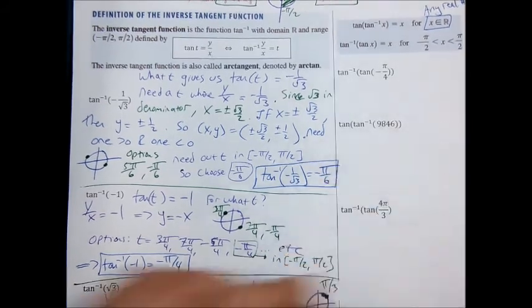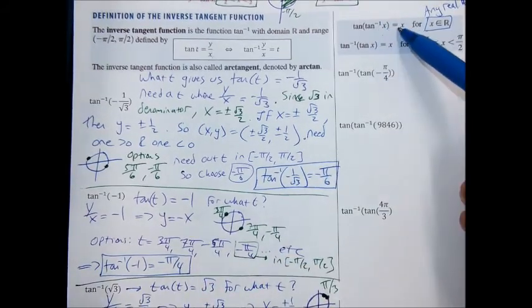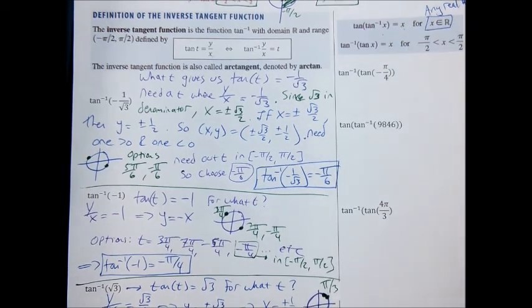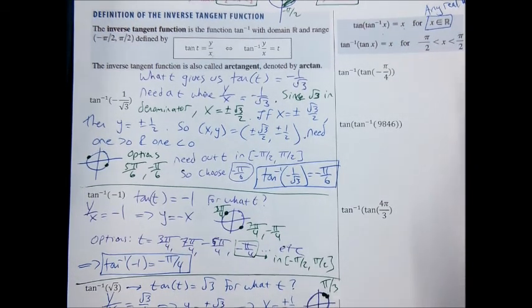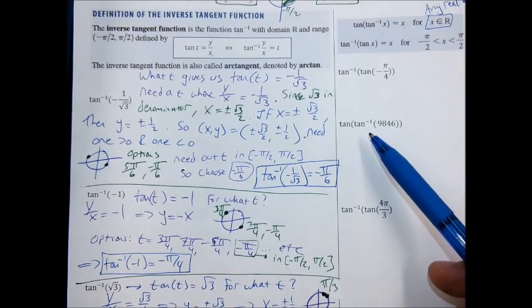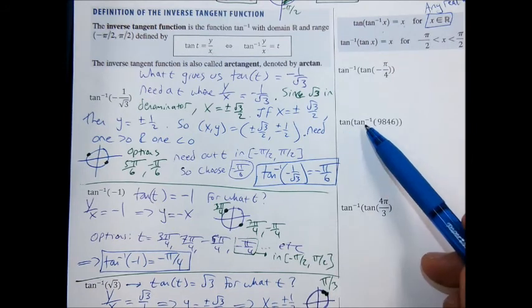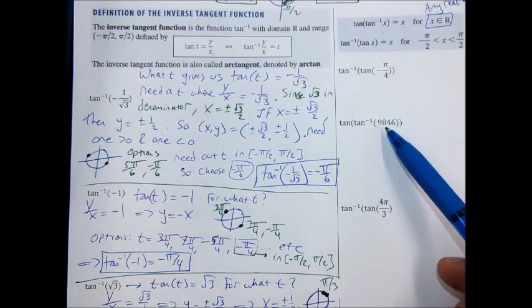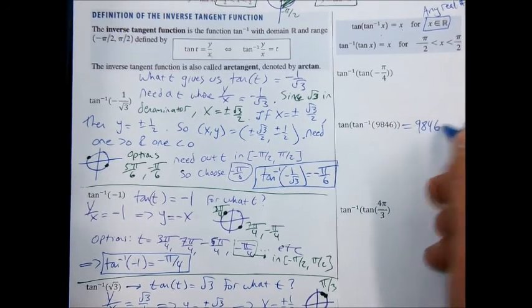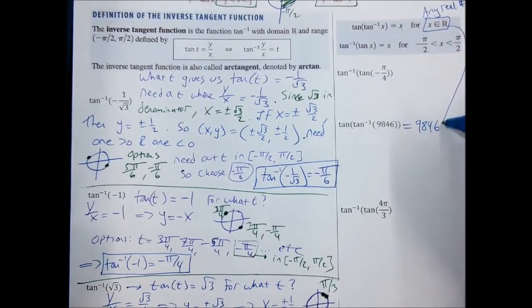In other words, x comes out in this situation every time, no matter what, as long as what's in there is a number. And so like on the second problem, that's an example of this. Tan of tan inverse of 9,846 just comes right out, 9,846, because that's a real number.